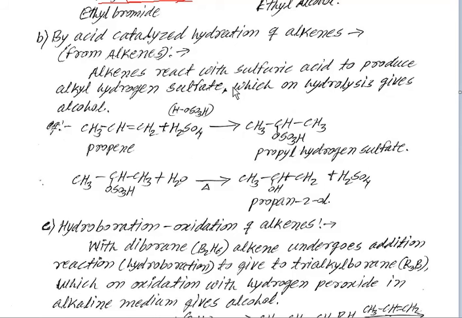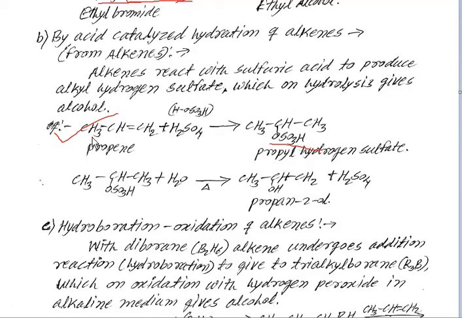Alkenes react with sulfuric acid to produce alkyl hydrogen sulfate, which on hydrolysis gives alcohols. See here, there is one example, that is propene.